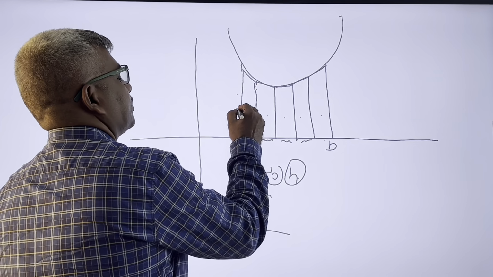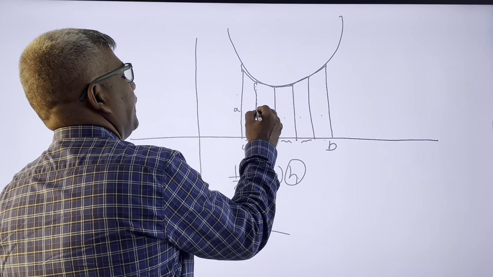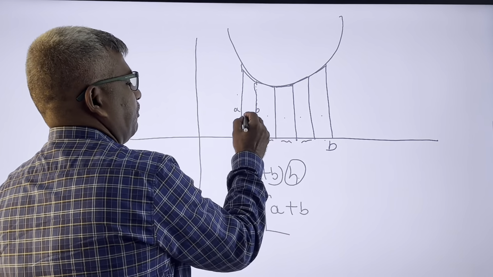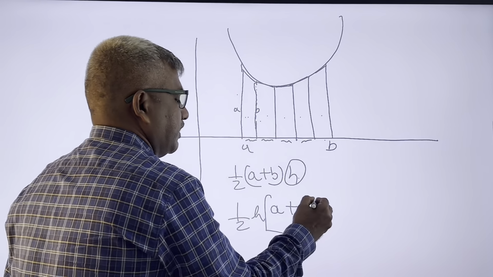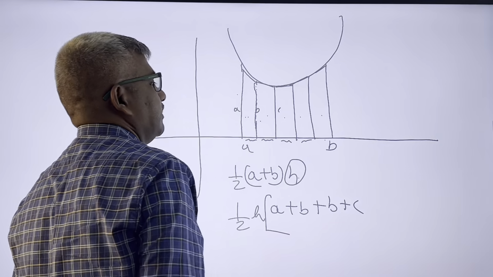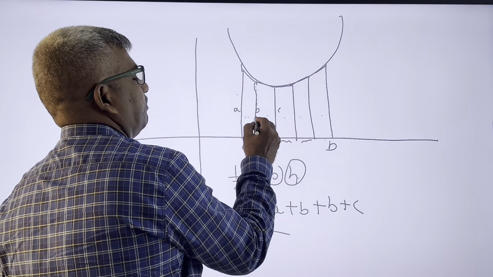This is the first one: A plus B for this trapezium. For this trapezium, what? B plus C. For this trapezium, we finished.